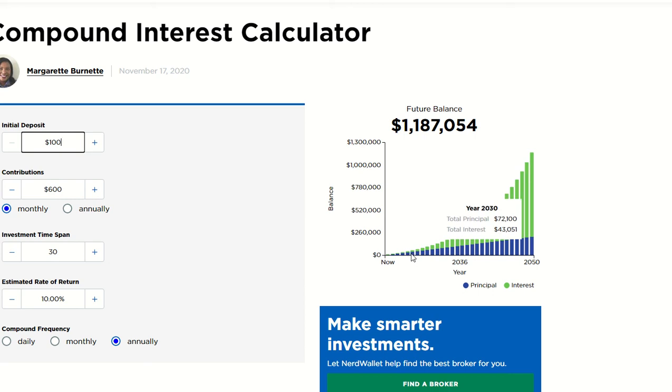The blue represents every month you adding $600 to that account. Every month, 600, 600, 600. And at the end of 30 years, if you add up all of those 600s, what you put in, it says here, total principal is just 216,000. That's all of your 600s added together.